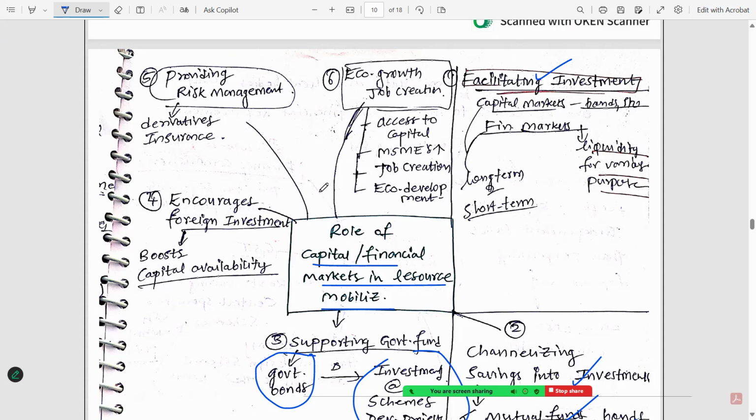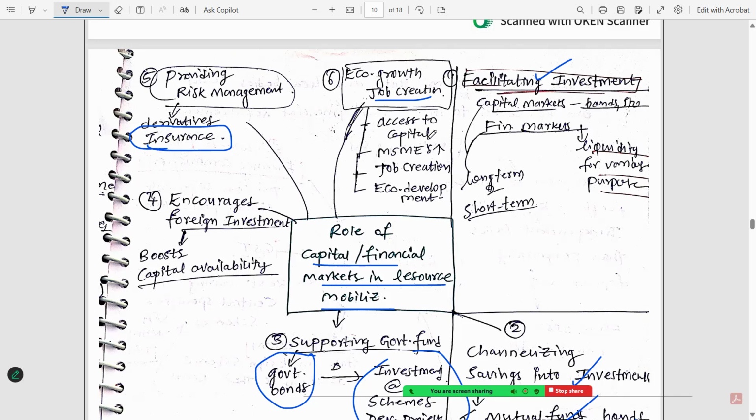And also the financial markets will provide some resistance against inflation or whatever, through bonds and debentures, etc. So they will be providing insurance. And also because people will be working in the financial markets, it will lead to job creation.